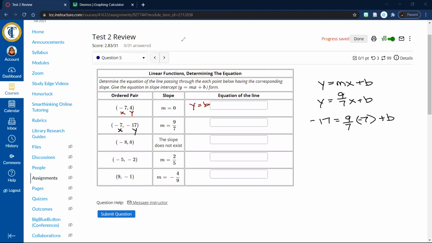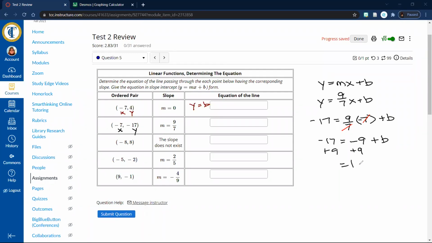They cancel. 7/7 is 1. So we're left with -17 equals -9, because that negative does not go away, plus b. Now we're just moving that -9 over, right? So +9 to both sides.